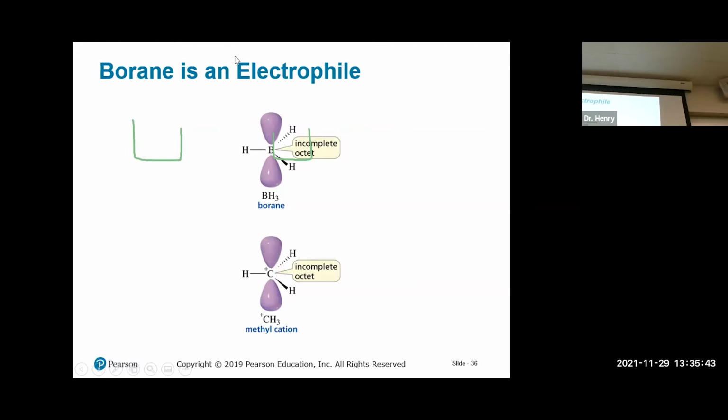Okay, so then borane as an electrophile. When we talk about boron, we know that when it forms its structure, it has an incomplete octet.